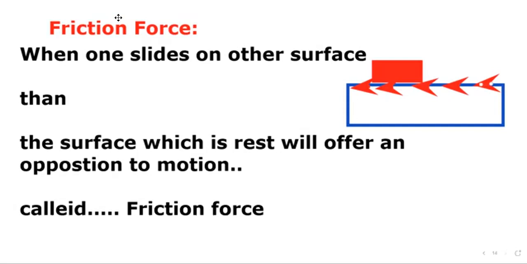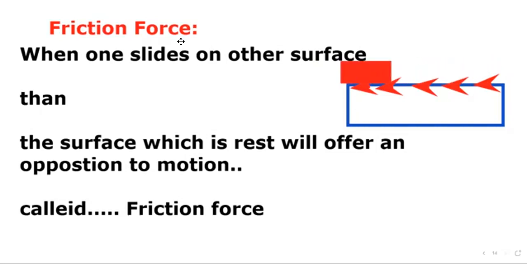So when we slide the red one on it, it would be something like this. And this opposition is actually due to these ups and downs of the blue one, so we call it a friction force.